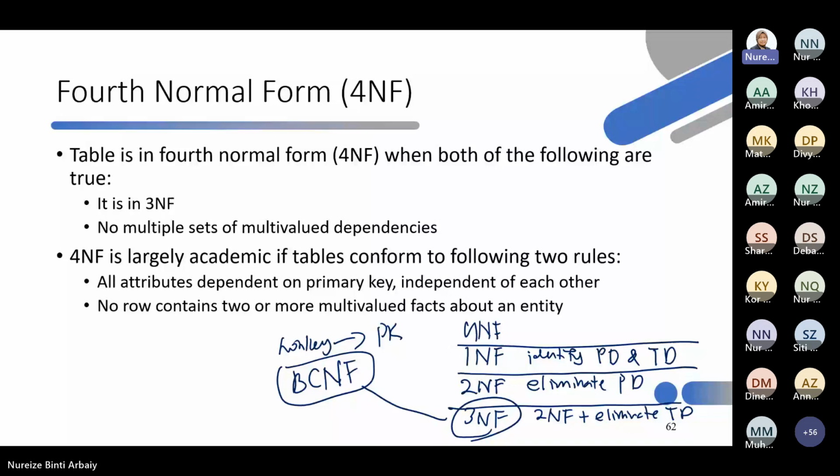So how do we eliminate the partial dependency and transitive dependency? Just rewrite again. After you identify, write in a schema form, give a meaningful table name, and assign the primary key like a common database table.